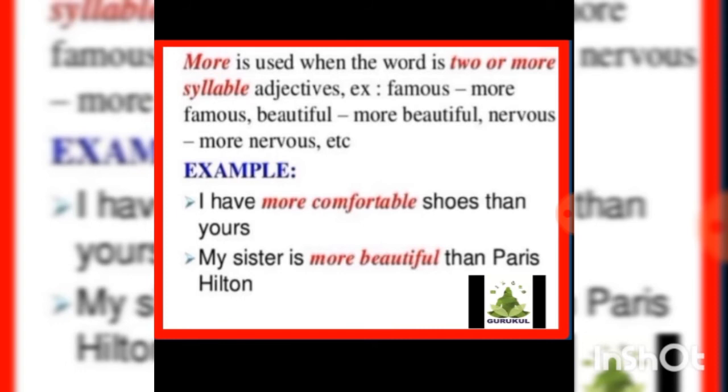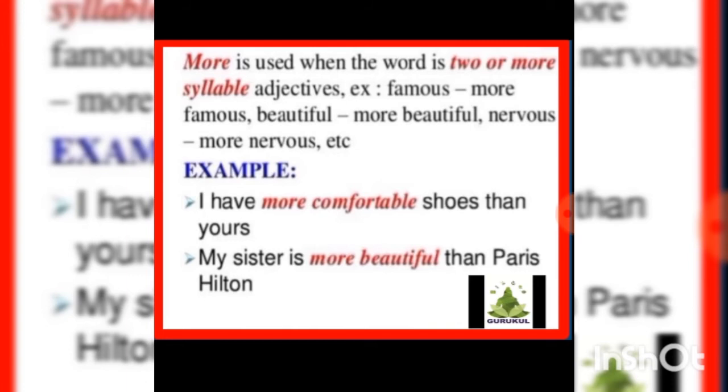We have already seen what a syllable is. With this word more, children, we don't add it in the positive degree. We can add more only in the comparative degree and superlative degree, because the words have two or more syllables, so that's why we add the word more.